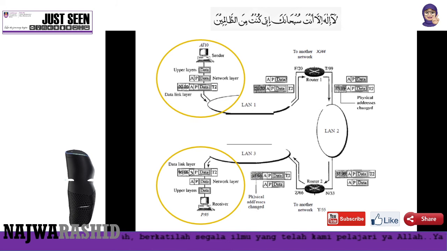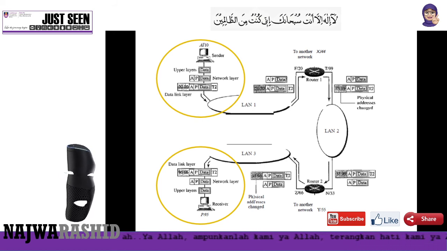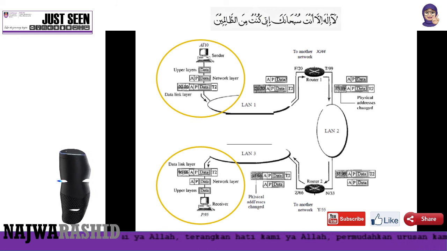Physical address 95 refers to this header, and the logical address is equal to P. So this is how the logical address works through the network. It helps the packet that travels through the network to identify the right destination.